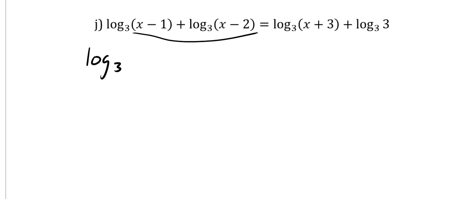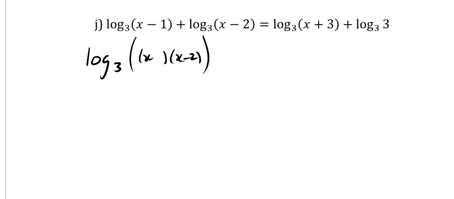I can multiply those arguments because we're adding. So I get log base 3 of x minus 1 times x minus 2. And what did I say before about in general? You want to get all the x's to one side and all the other junk to the other side, whether it's log or not.